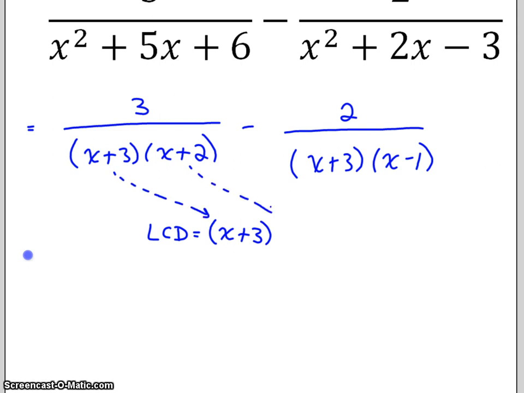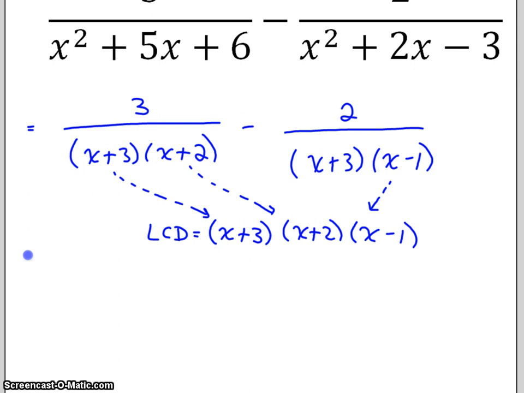I need an x plus 2. Now, I already have an x plus 3, so I don't need it again, but I need an x minus 1. In order to be the least common denominator, each individual factor only needs to be counted once. So our least common denominator is x plus 3, x plus 2, x minus 1.